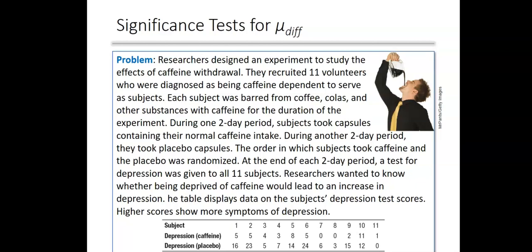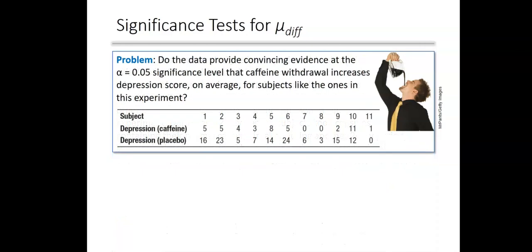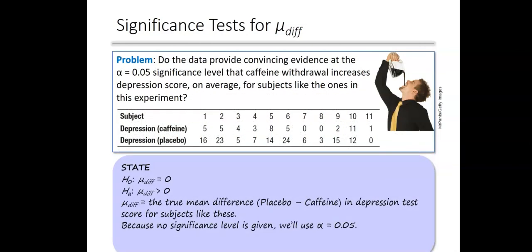Higher scores. Again, they tested the subjects with caffeine and without. There were 11 subjects, so n is 11. We really need to find the differences between those two, so we have to choose an order. Is it caffeine minus placebo or placebo minus caffeine? We're saying that the difference will be greater than 0.